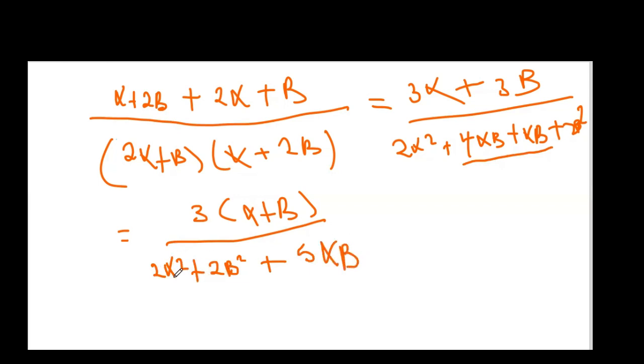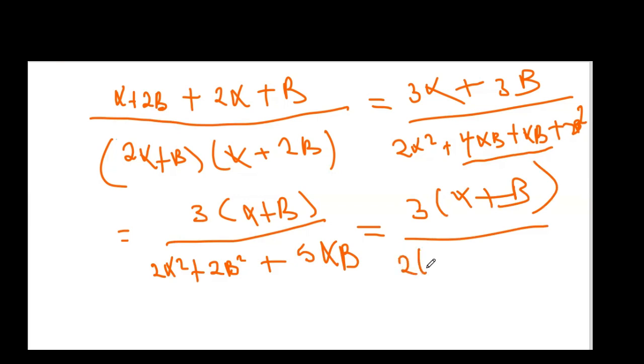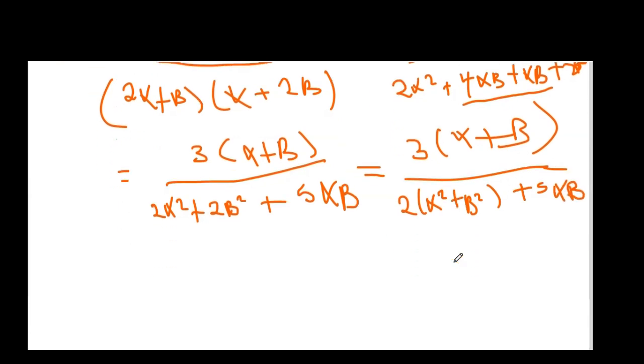Here on the 2α squared and the 2β squared, we can factorize the 2. So on top there we have 3(α + β) like that. Then down there we are going to have 2(α² + β²), then plus 5αβ.